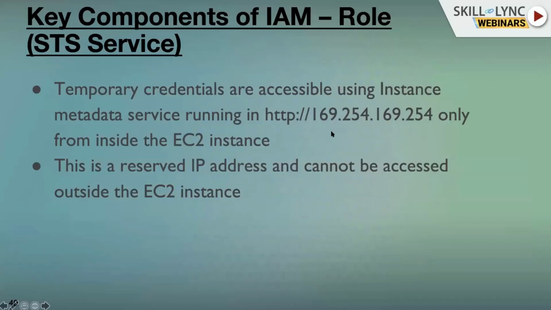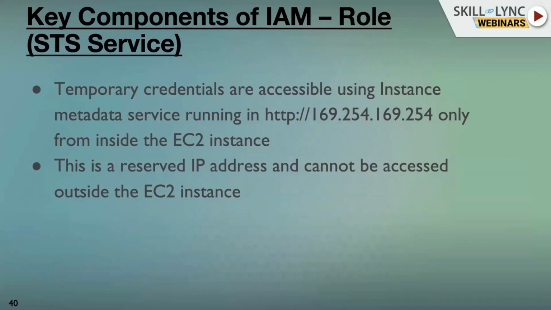That is where I mentioned initially 169.254.169.254. This address is private to your VPC, and it cannot be accessed from outside the EC2 instance. Only the machine where you generate the keys will be able to read the metadata.